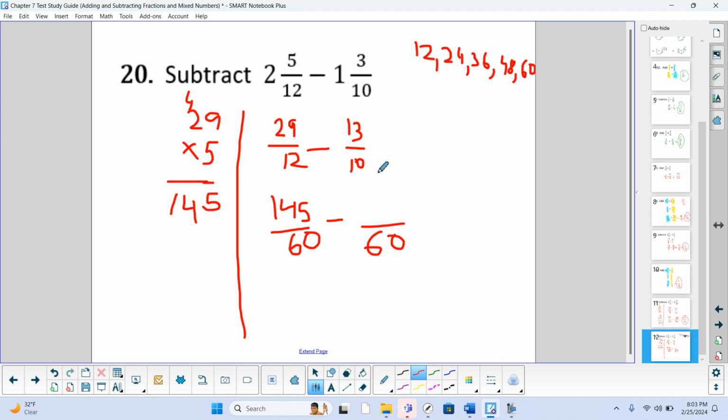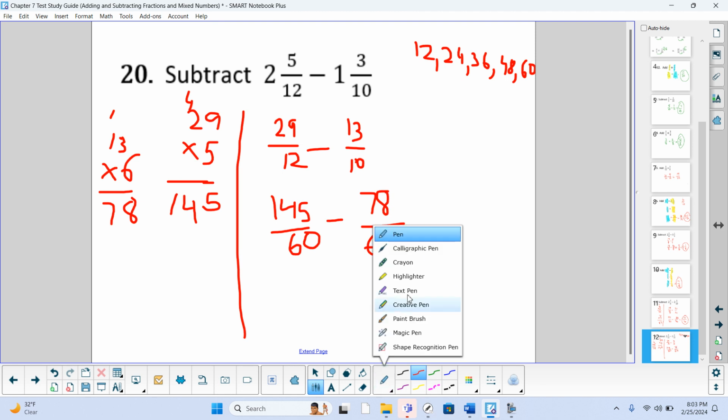And 10 times what gives me 60? Well, that would be 10 times 6. So I'm going to take 13 and multiply that times 6. 6 times 13. 6 times 3 is 18, carry the 1. 6 times 1 is 6, plus 1 is 7. So this would be 78 over 60.